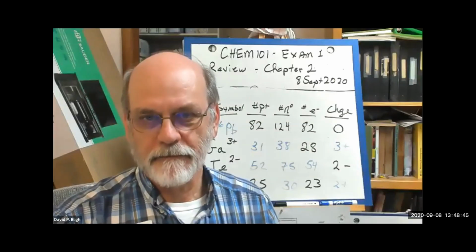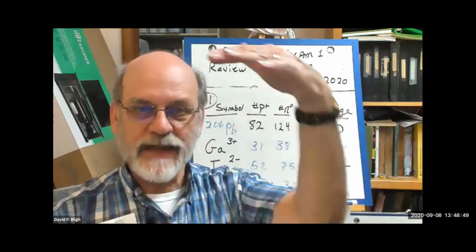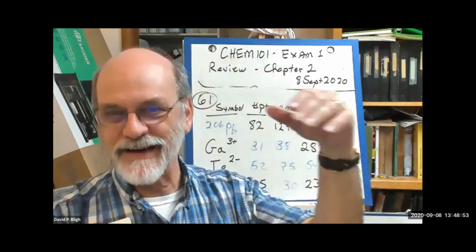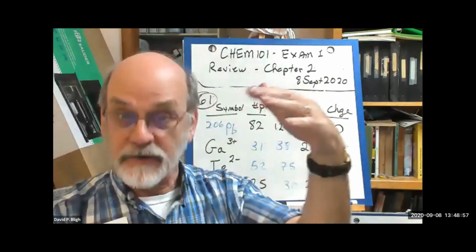So like the common polyatomic ions that you've got here will be there also. And the useful information table with all that, it gets bigger with every exam. I don't throw stuff out. I just add to it.